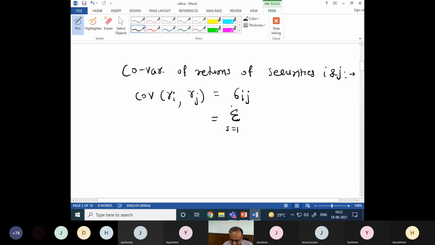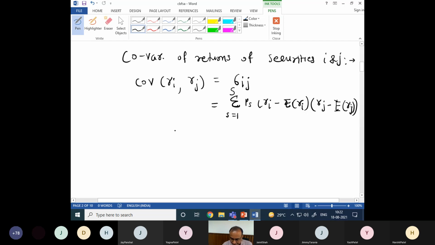It is the sum over s equal to 1 to capital S of Ps times Ri minus expected value of Ri, into Rj minus expected value of Rj. So that's the formula for the covariance, right?